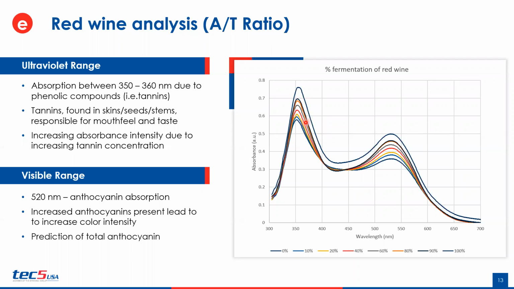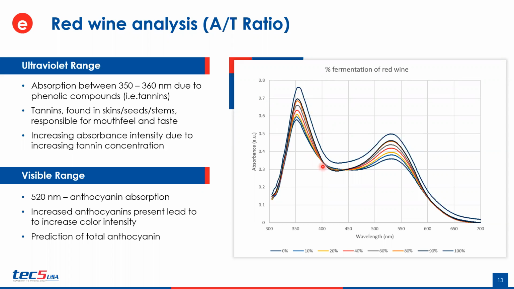And then looking at this increasing intensity from 0% here, which is the lowest amount of time that the skins have been in the must. And then as you increase the length of time that these are within the broth or in the must, you see the increasing intensity of the tannins in this case.